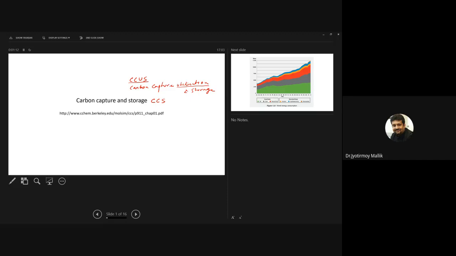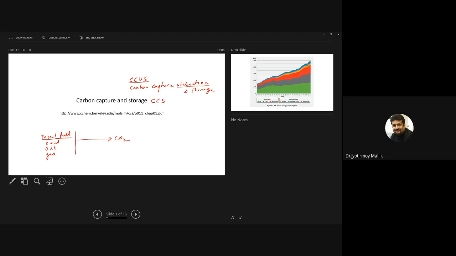CCS essentially means that when you burn any sort of fossil fuel, be it coal, be it oil, be it natural gas, you generate a lot of carbon dioxide, of course.